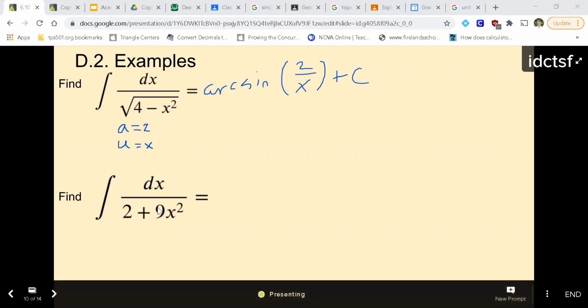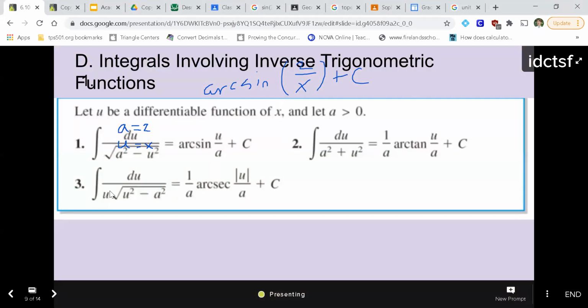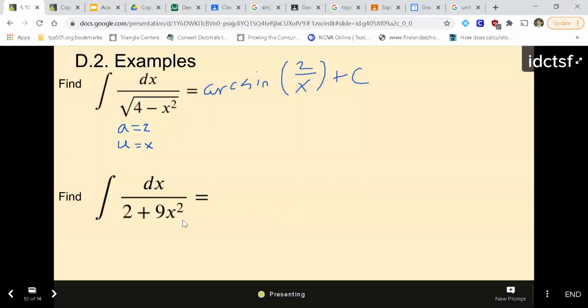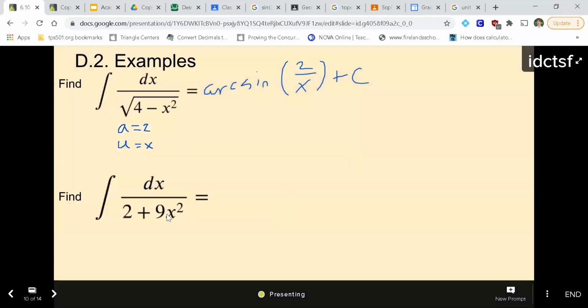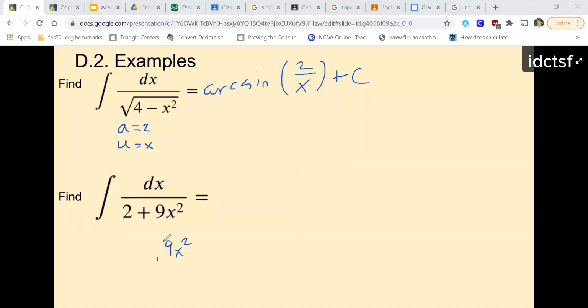For this one, again, if you look at that, you'll see that that is a sum of 2 numbers, one of which is a perfect square, the other which isn't, but we can deal with that problem. So we're going to use this second formula. And again, to do this integral, I need to know what u and a are. U squared has to be this. So if I take 9x squared and square root it, that would be 3x.